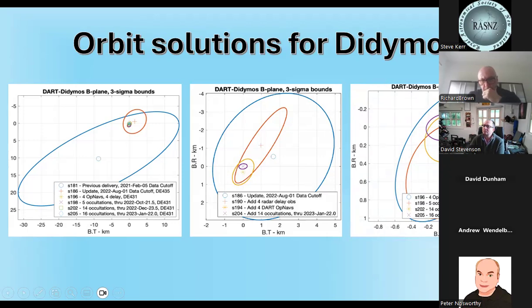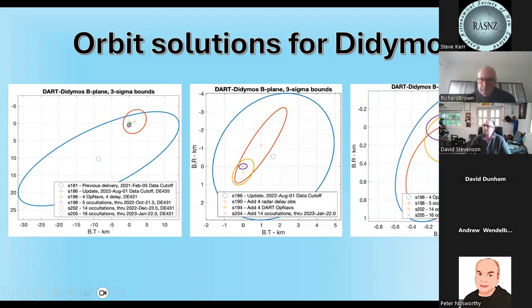The first lot of asteroid occultation data gave this ellipse. That was the first 5 occultations. And then increasing the number of occultations to 14 reduced the uncertainty ellipse to that.